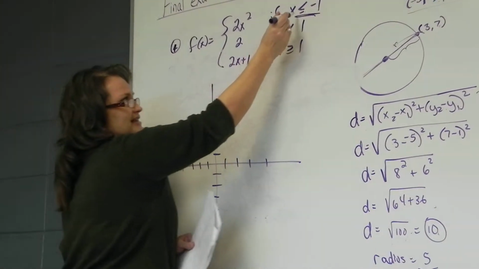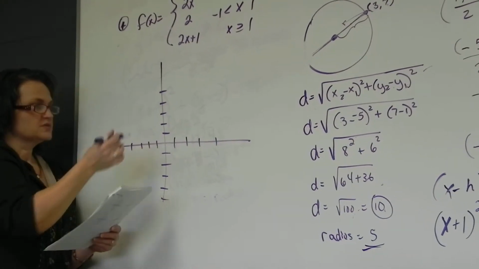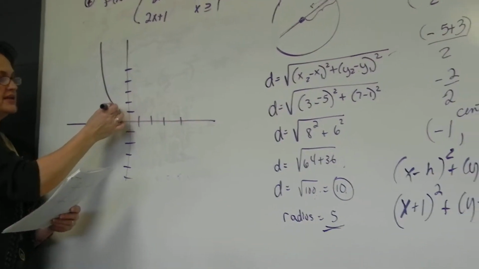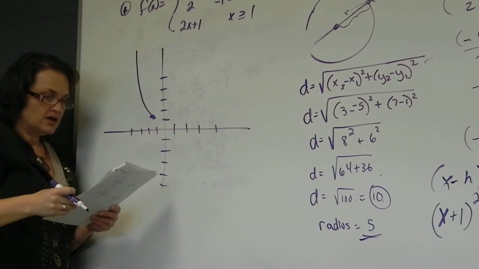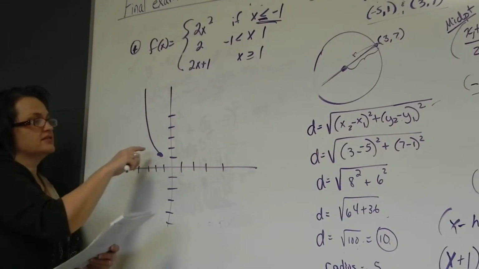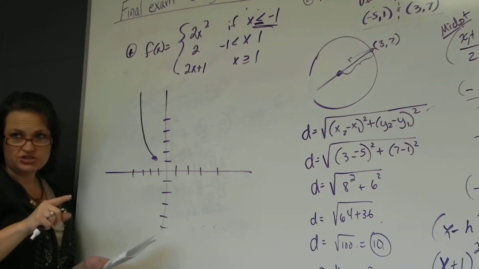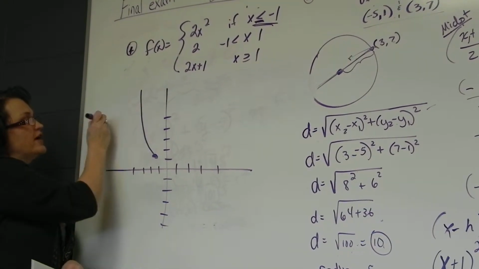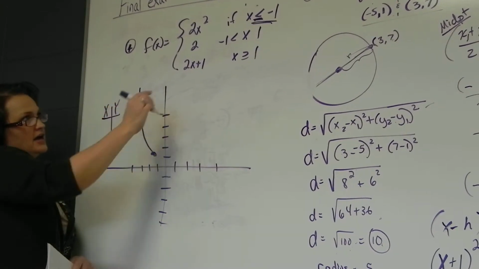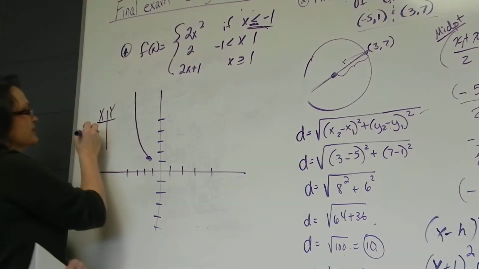But notice it has a line under it, so this little graph should have a filled-in circle. Some sort of parabola coming down with a filled-in circle. It's still kind of hard to decipher because some of the graphs are running into the next part of the graph. So what you need to do to be sure is do a t-table value. Say, I want to know exactly what happens to this graph at x is -1.